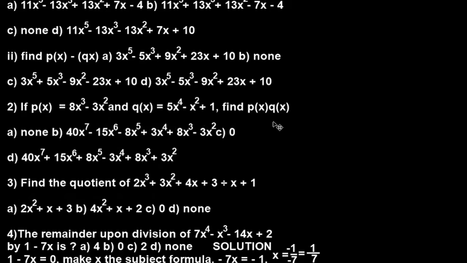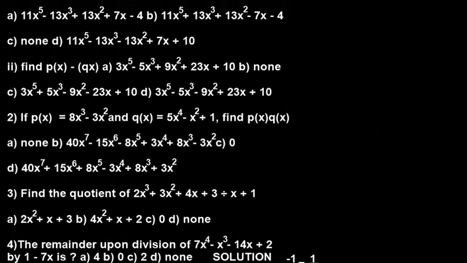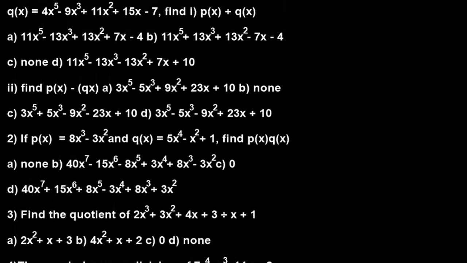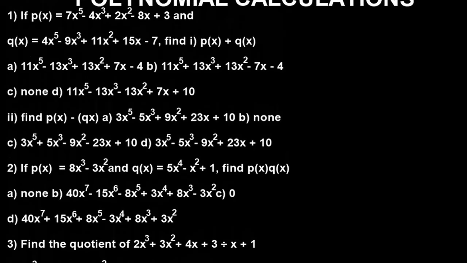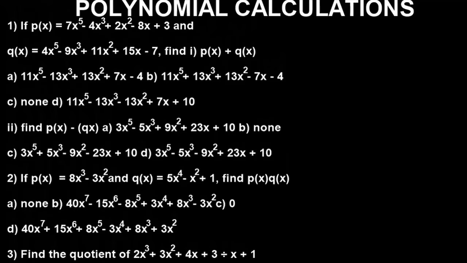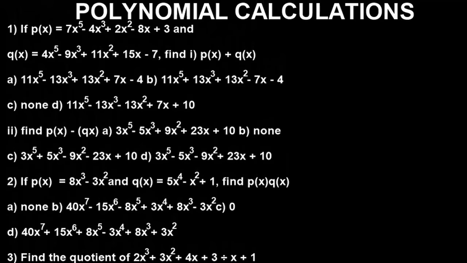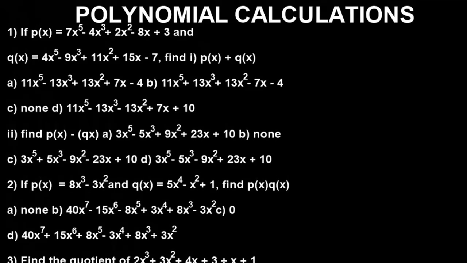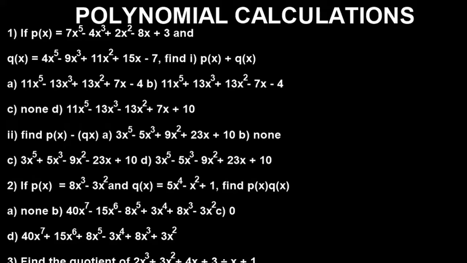Then we have multiplication of polynomials, and also addition and subtraction of polynomials. So guys, this video is loaded. Ensure you stick with me till the very end so that you will get the full information. Don't miss out on any parts, because each part is extremely important as far as polynomials are concerned.